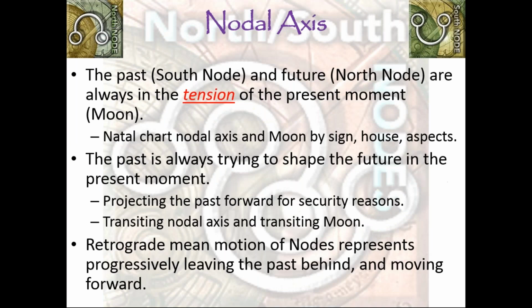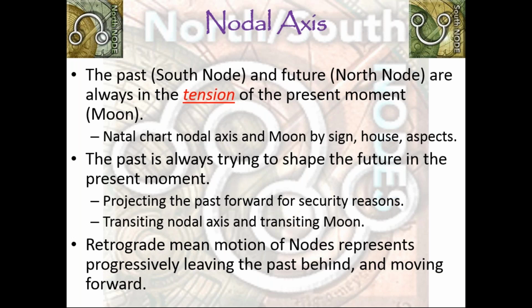Now, what we have here is that the past and the future are always in the tension of the present moment. All are always activated: the past, the South Node on an egoic basis, and the future, the North Node on an egoic basis, are always juggling back and forth in the tension of the present moment, which is always represented by the Moon.